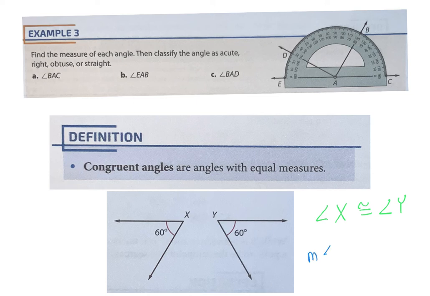So the measure of angle X equals the measure of angle Y. The angles themselves are congruent. Their measurements are equal because measurements are talking about numbers. We're talking about 60 degrees for these particular ones. 60 degrees equals 60 degrees. Angle X is congruent to angle Y. That's the difference in those notations there.